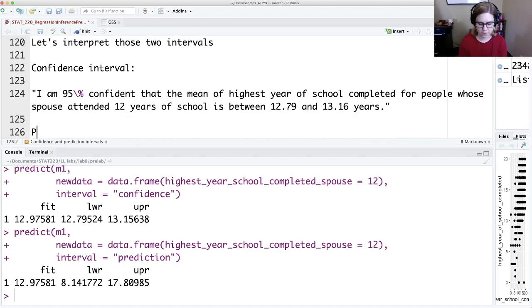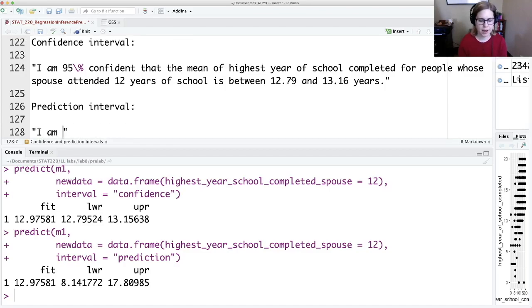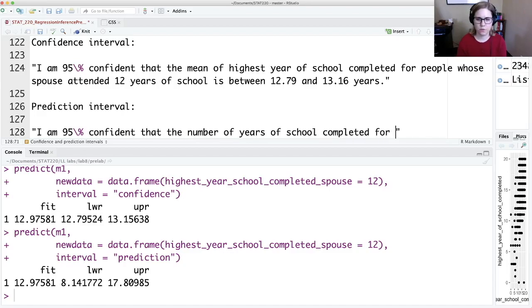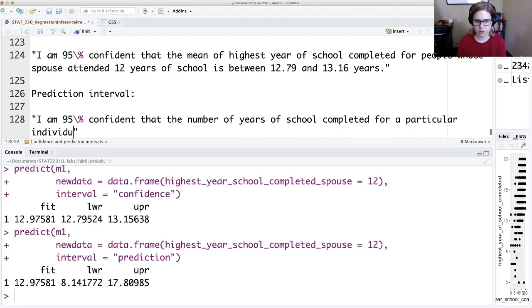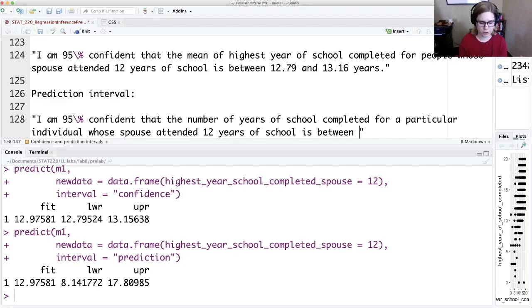And then for the prediction interval, this is going to be about a particular value. So I would say I am 95% confident that the number of years of school completed for a particular individual whose spouse attended 12 years of school is between 8.14 and 17.91 years.